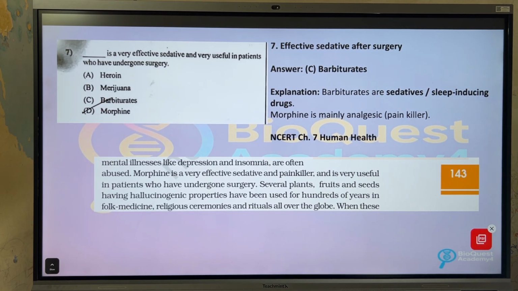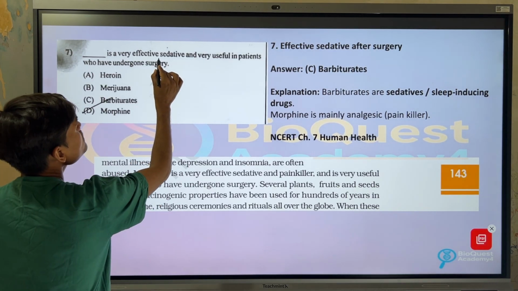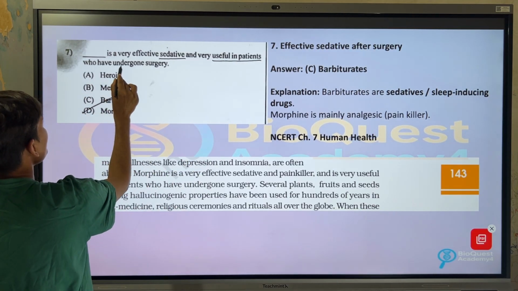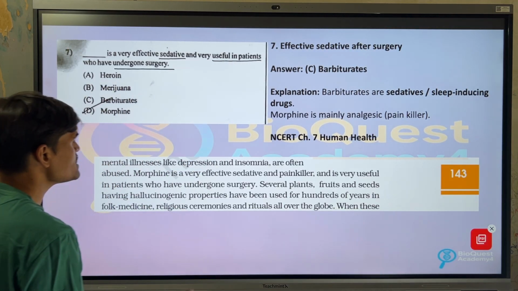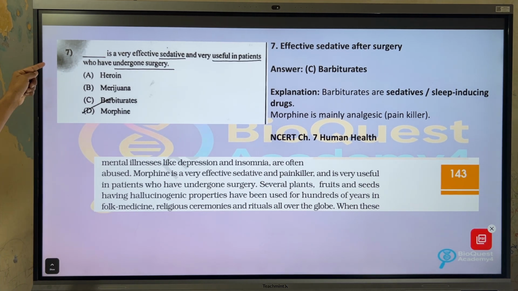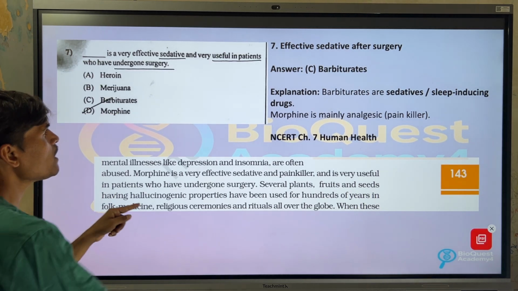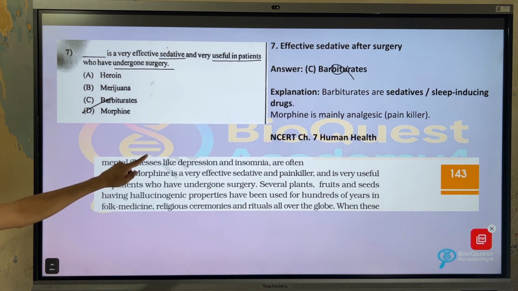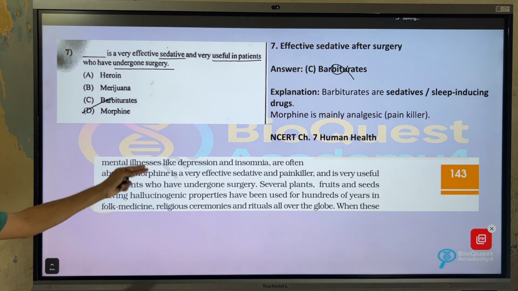Question number 7. Fill in the blank: blank is very effective sedative and very useful in the patients who have undergone surgery. Options are heroin, marijuana, barbiturates and morphine. Here, this is not the answer, it's my mistake. See, this is again cutting from the textbook.